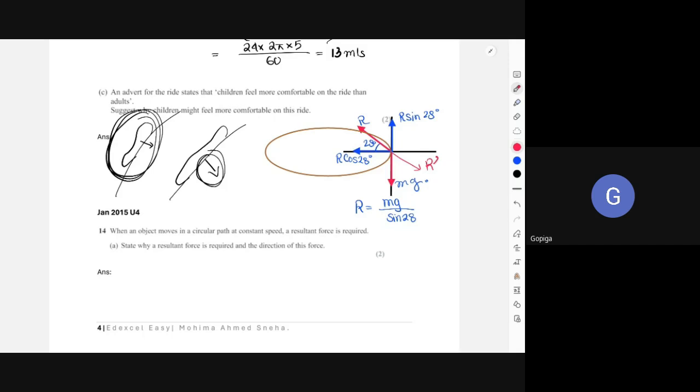Is there any problem till now? This is just the explanation and obviously write down the answer.